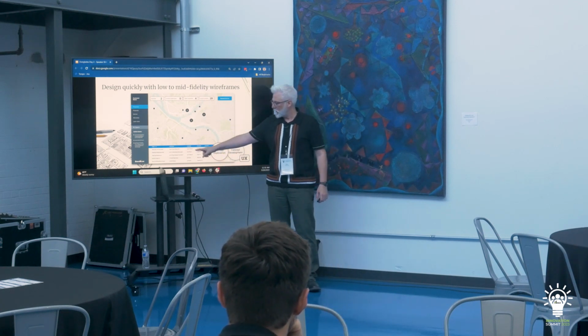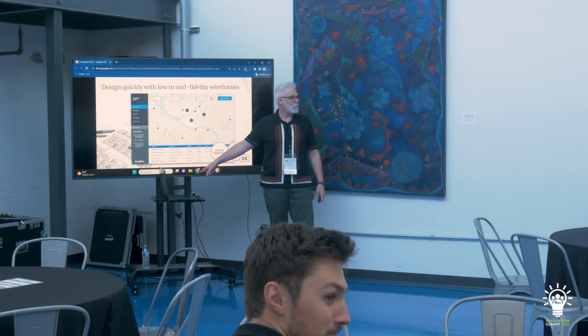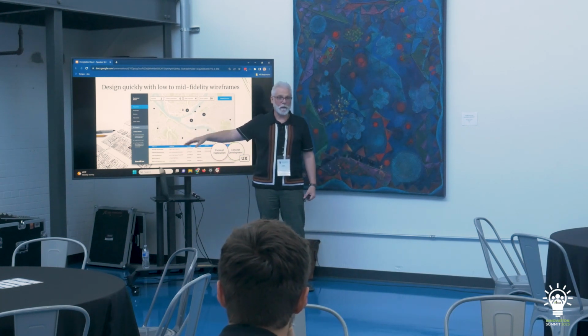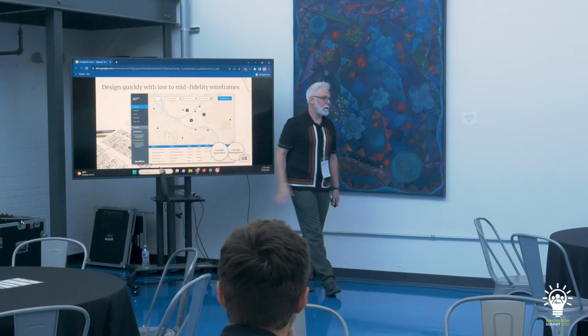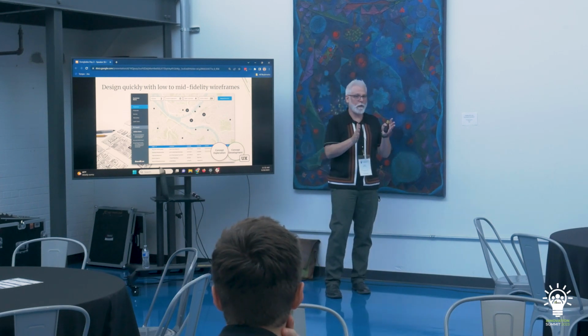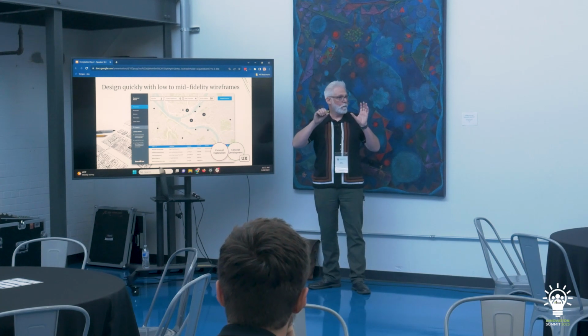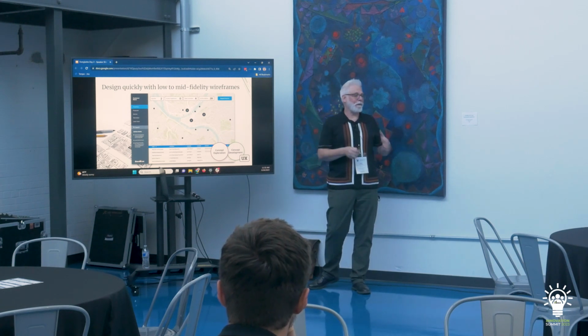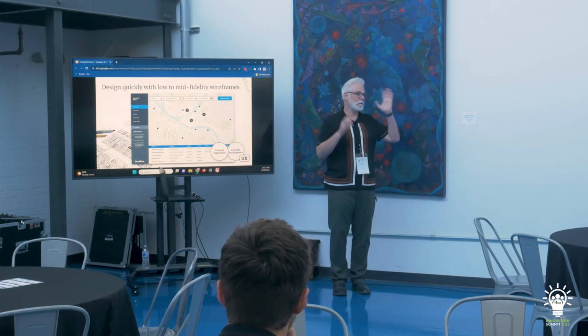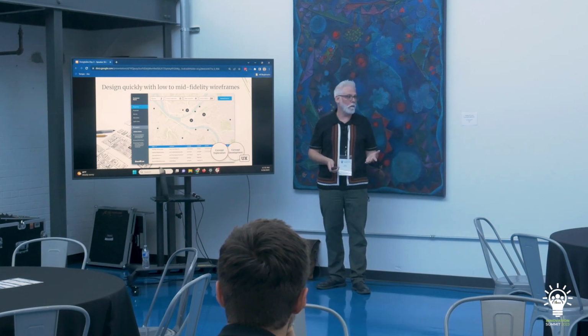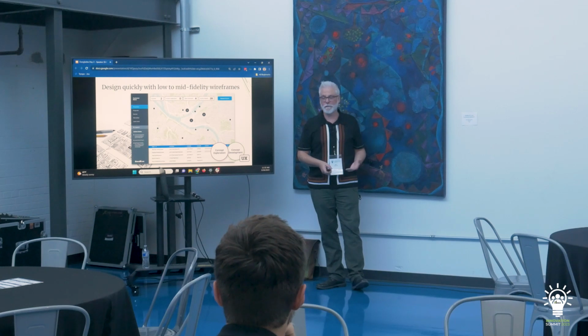Not, is this the right set of words? Is this the right color? I tell my junior designers all the time, this can be ugly. As long as it's clear enough that somebody understands the concept, you need to be able to do that. Because anything else you put in there, I hate pink. Why is it pink? Well, okay, we didn't mean pink. And you end up with a whole conversation about color, not what you're really trying to test.